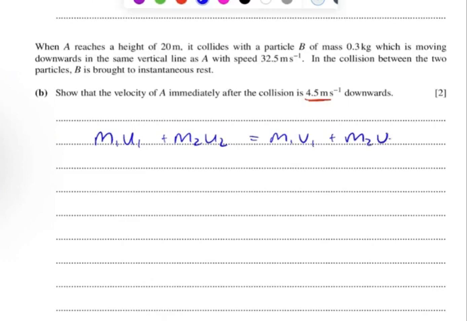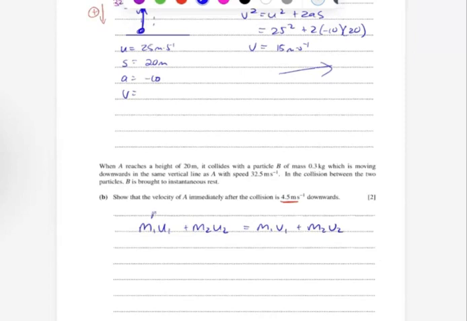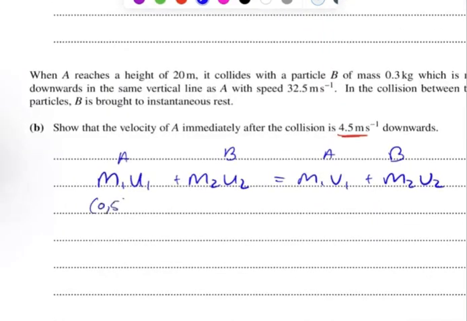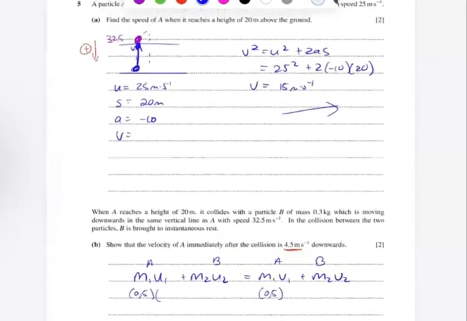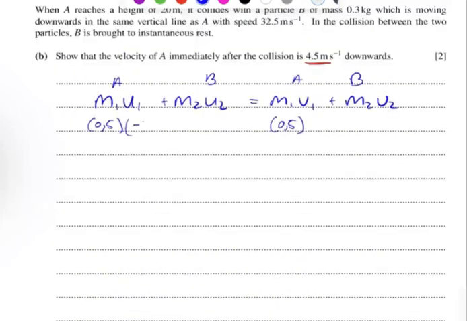So I write down my momentum formula, mA uA plus mB uB. My mass of A is 0.5. My initial speed of A, we know that it was 15, but it was going up, so we must make it negative 15.